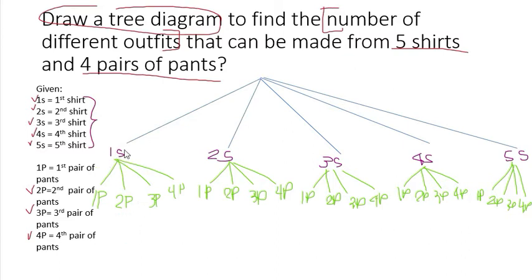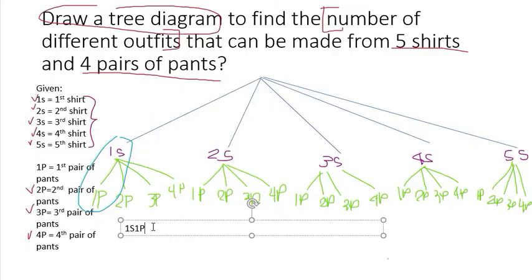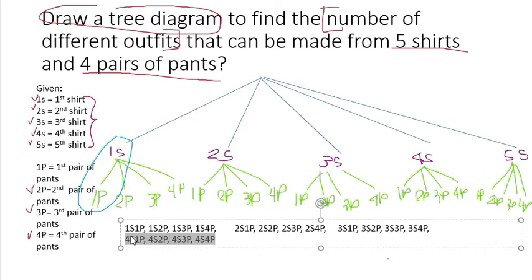So you start with the main branch, 1S. For the fifth shirt, we have fifth shirt, first pants, fifth shirt, second pants, fifth shirt, third pants, and then fifth shirt, fourth pants.